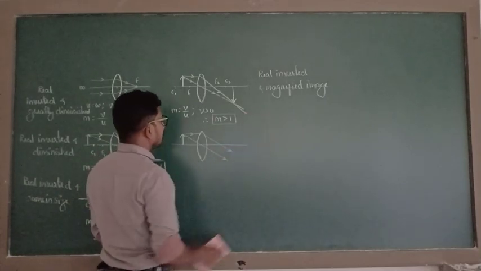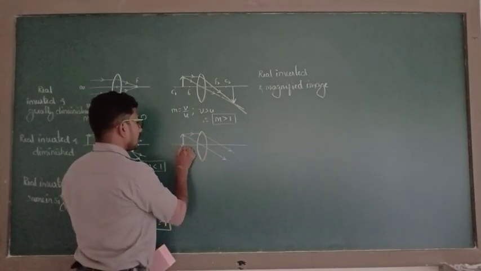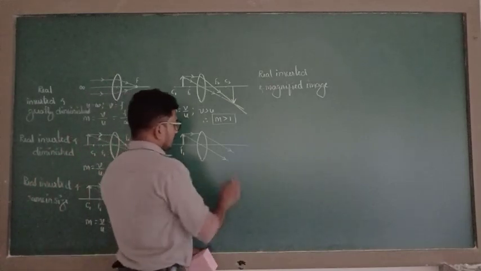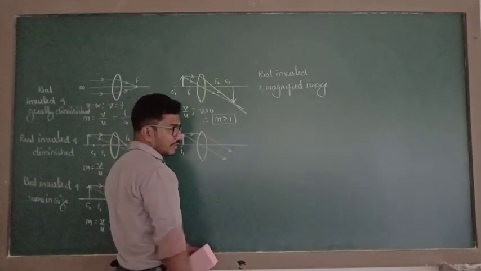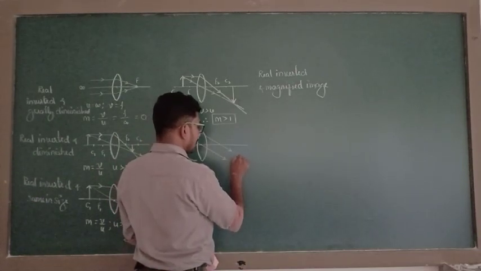So here we will get a parallel light beam after refraction when this object lies at the primary principal focus. By proceeding these two refracted light rays, we can say they are going to meet at infinite distance.